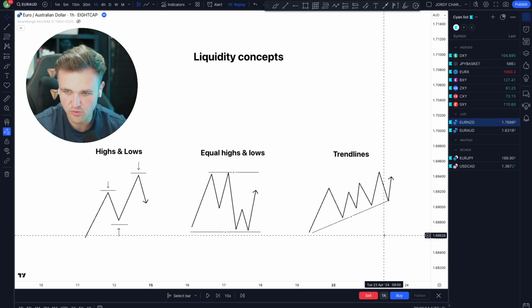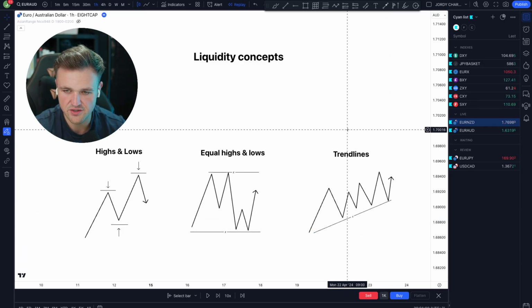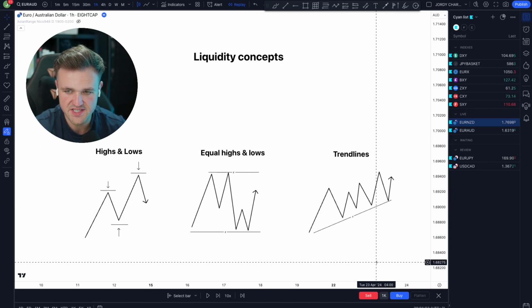Now, if we move a bit further to the advanced side, we have some advanced concepts. I'm only using trend lines as an example, but you could use patterns as well, like head and shoulders. A lot of people see head and shoulders. You could use Fibonacci tools. You could see a lot of stuff. And if you want to go even more in depth into the psychology of the markets, when something becomes a bit too clear to buy or to sell, you can tell that there's a lot of liquidity being generated.